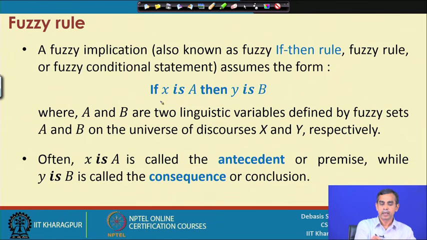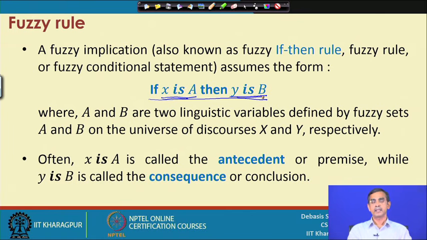For example, this is one example of a fuzzy implication: x is A, as we know, denotes a proposition regarding an element x in a set A, and another proposition y is B. So, it gives a relation among the two. This is one proposition and this is the other, and the relation is in the form of if-then. That is why it is called an if-then implication or if-then rule.